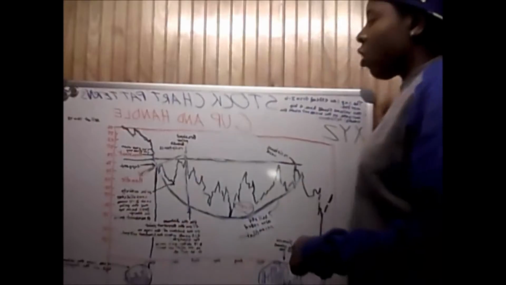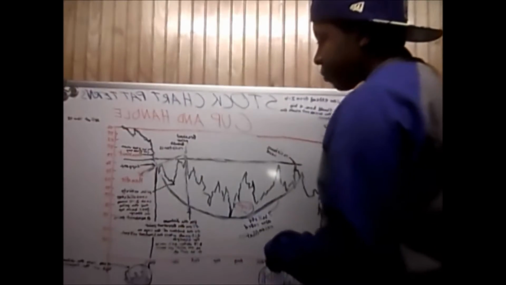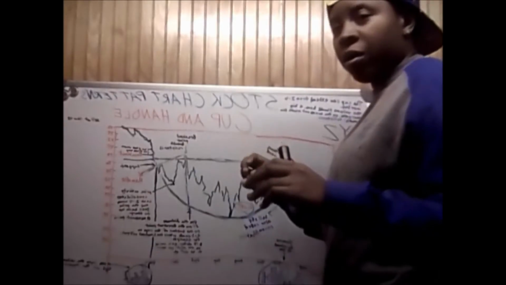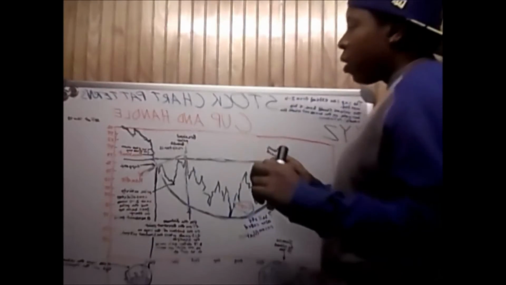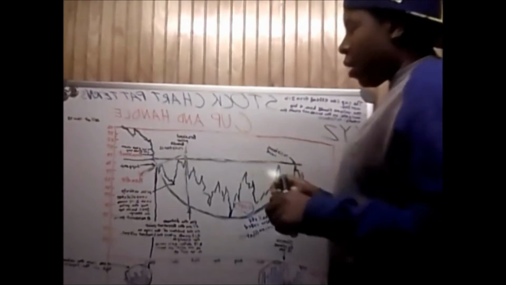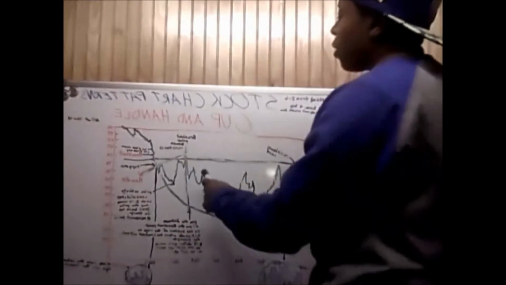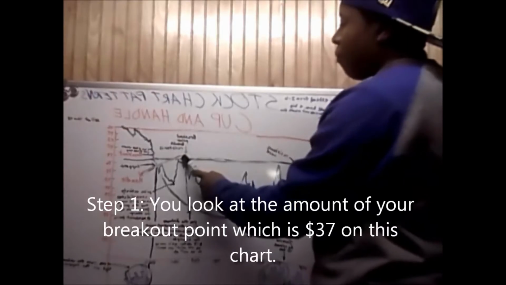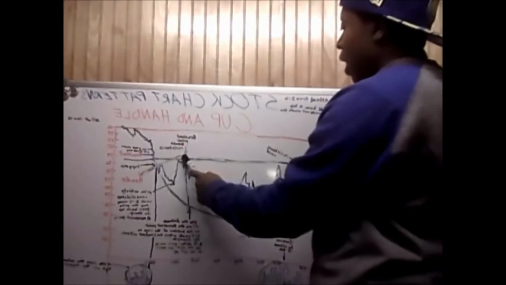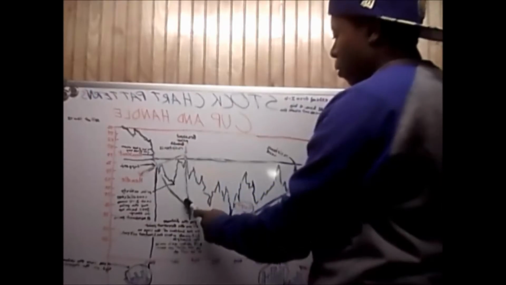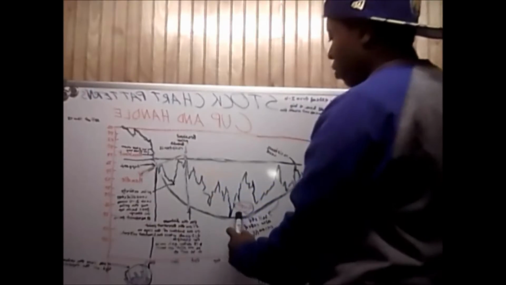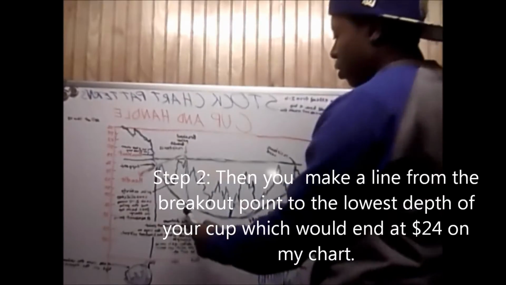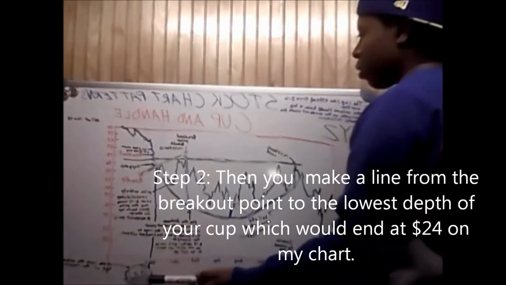To figure out the estimated price that we should sell at, you look at the point of the breakout, which is at $37, and you go down to the bottom lining of your cup, which is at 24.